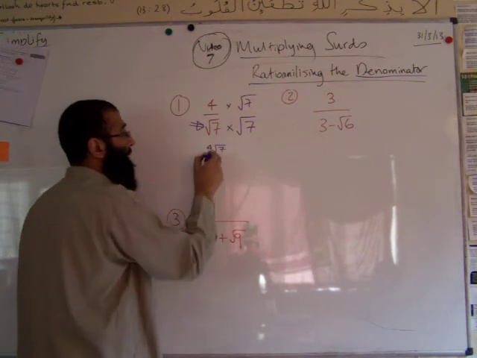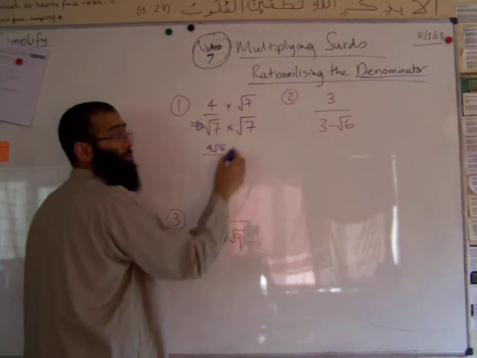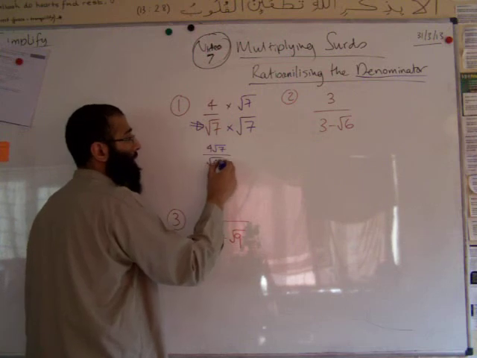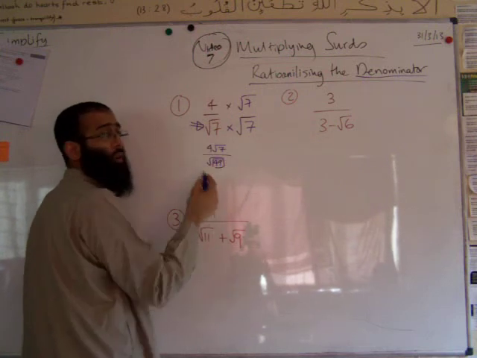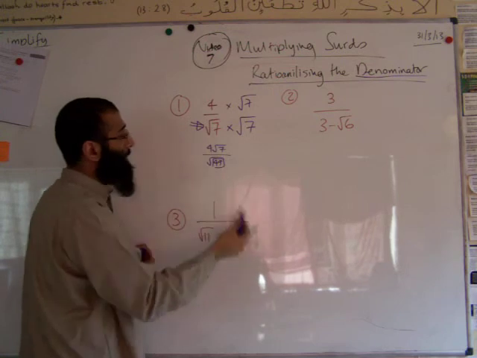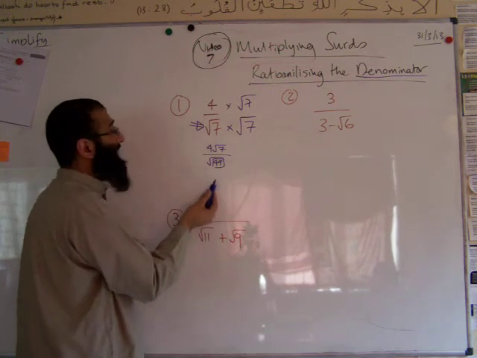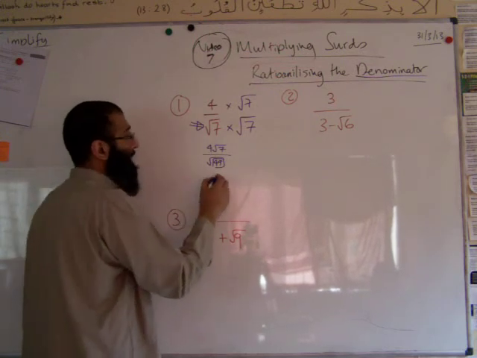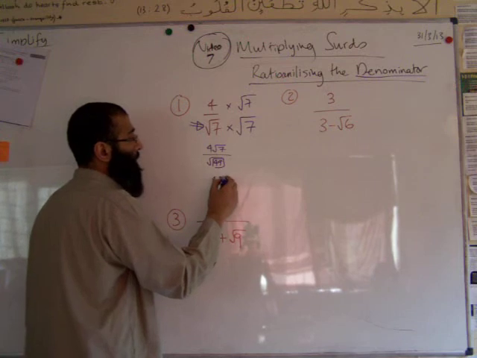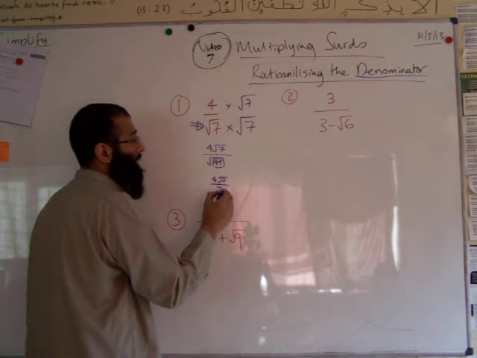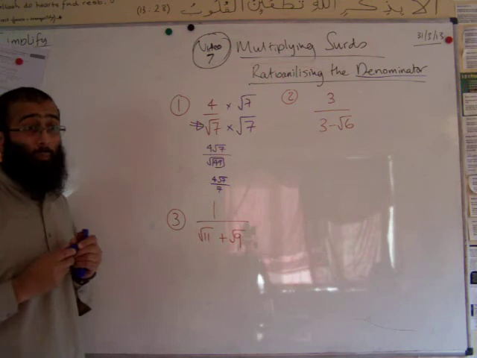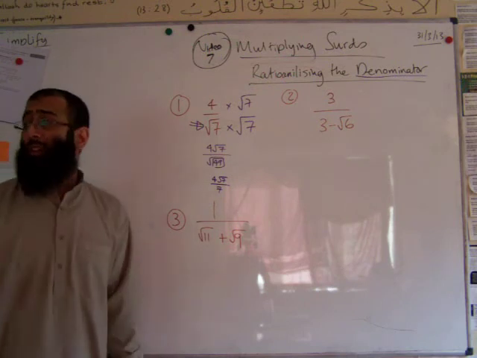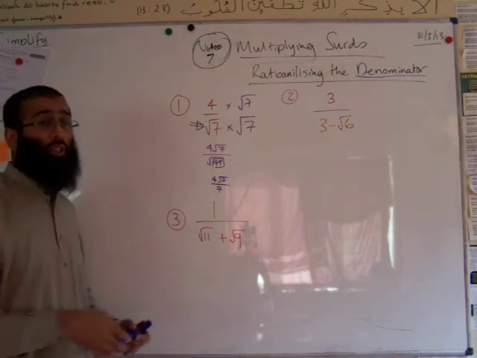On the bottom, root 7 times root 7 gives you root 49, or any root term by itself gives you the number inside, 7. So that gives an answer of 4 root 7 over root 49. Root 49 simplifies down to 7, because 49 is a square number, and that's the question done.